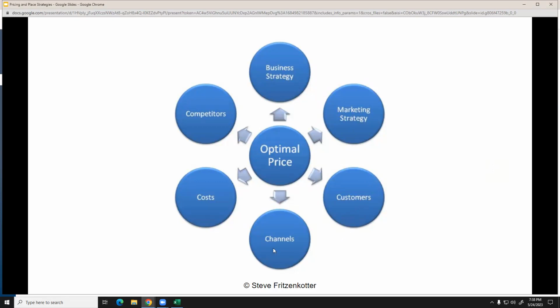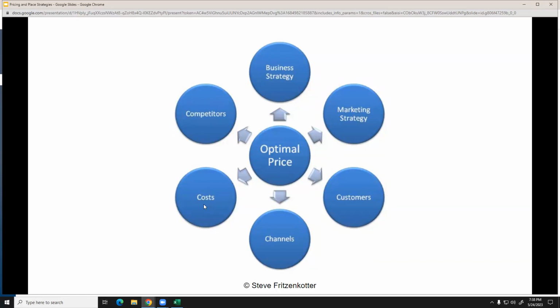And the marketing channels you have affect pricing. We'll talk about that. And competitors affect pricing. So obviously, in competitive markets, the competition does affect pricing. And lastly, the costs of the firm affect pricing.